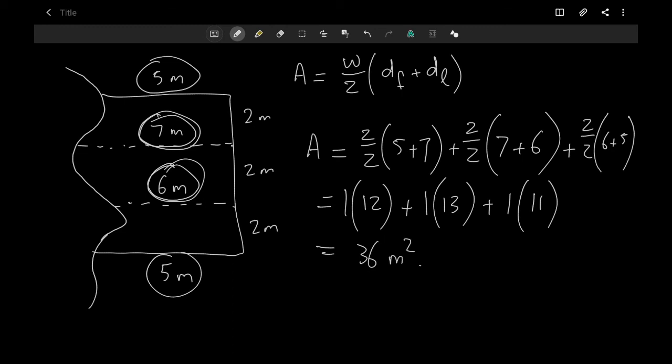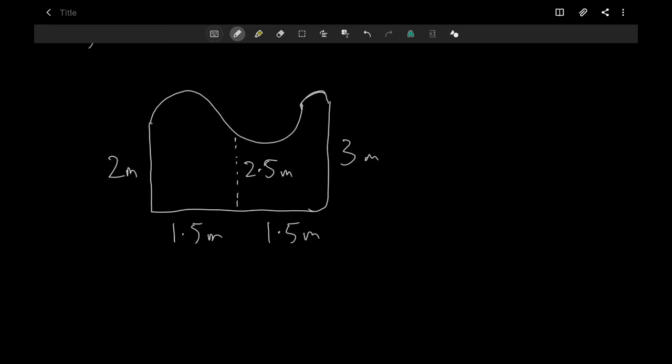So now let's look at how we find volume using the trapezoidal rule. And for brevity, I'm just going to use the 2 applications instead of 3. So let's say you have this swimming pool with this really funny, ridiculous shape, and you wanted to estimate how much water or the volume of water that this swimming pool will hold.